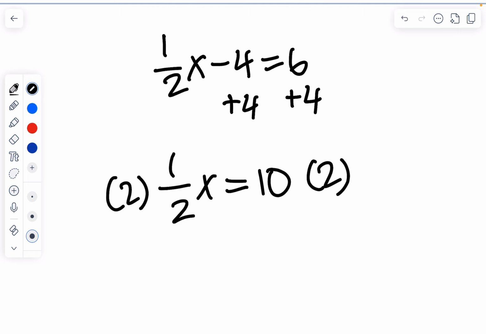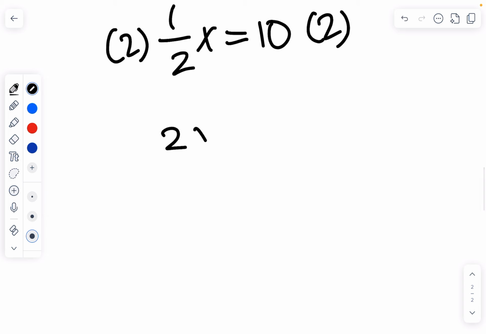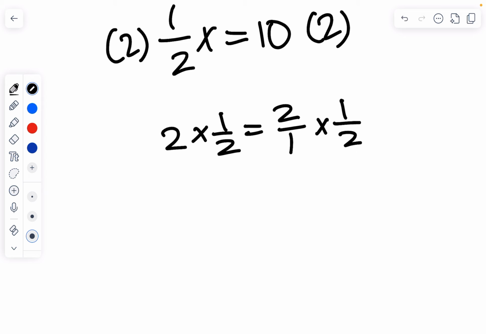So now you're probably wondering, why does multiplying by 2 cancel out the fraction? Well, 1/2 just means 1 divided by 2. So when we multiply 1/2 by 2, we're essentially doing 2 times 1/2, which is equal to 2 over 1 times 1 over 2, which equals, if we put that all in a fraction, 2 times 1 over 1 times 2.